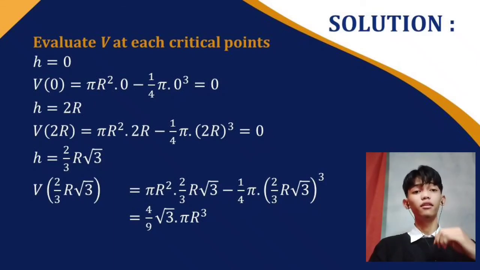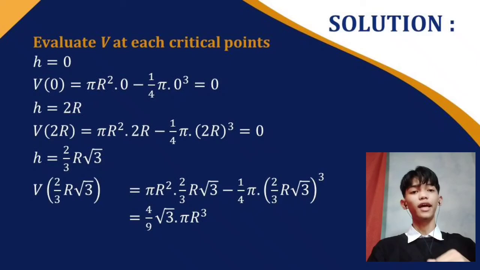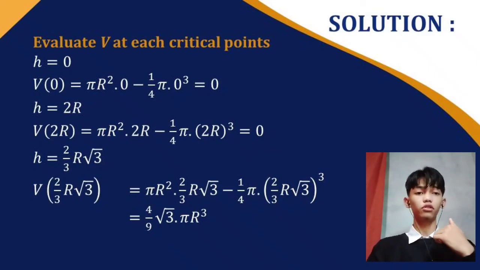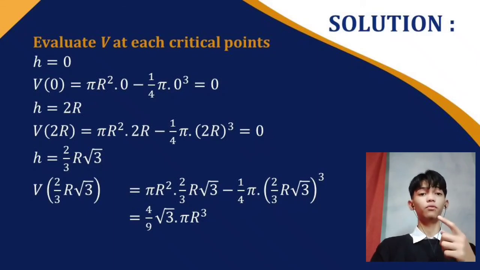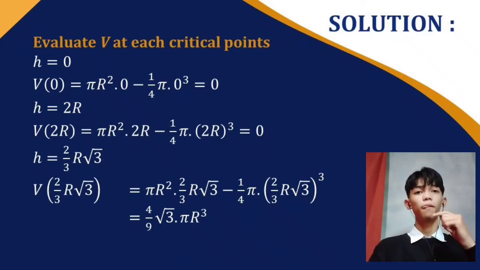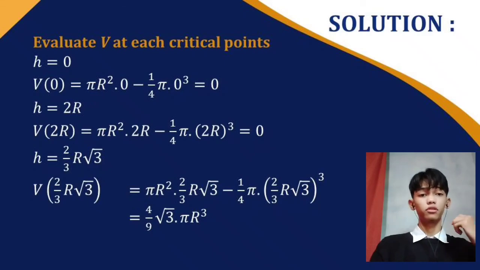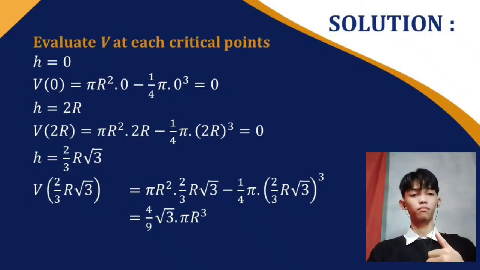Okay, let's see the value of V at each critical point. When H equals 0, V of 0 is equal to pi times R capitalized squared times 0 minus 1/4 times pi times 0 cubed. That of course equals 0.